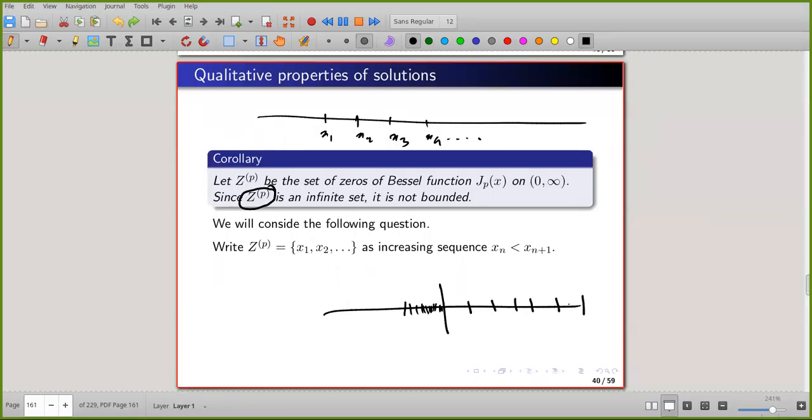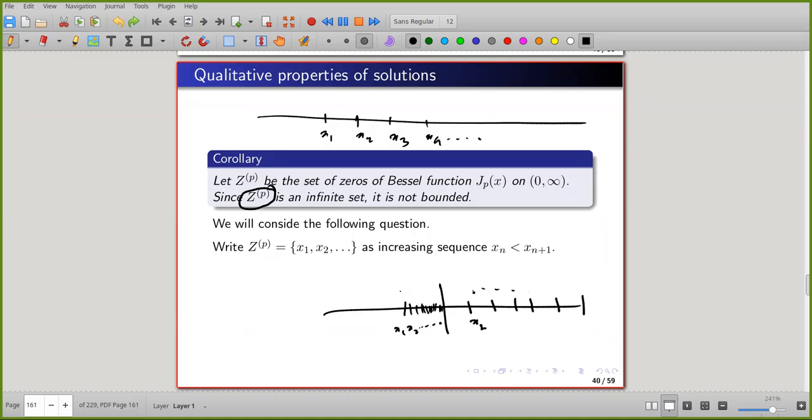Then obviously you cannot number it, because this will be x1, this will be x2, and so on, and you will exhaust all your numbers, but you will never reach these guys. Let me put it that way.